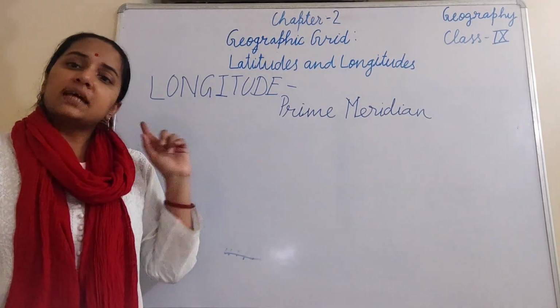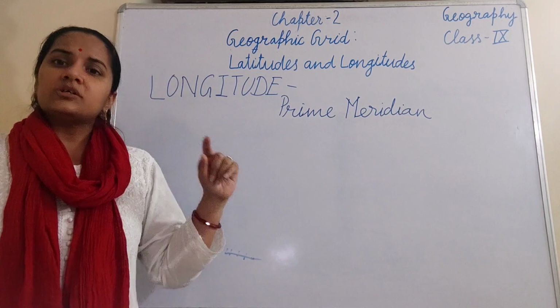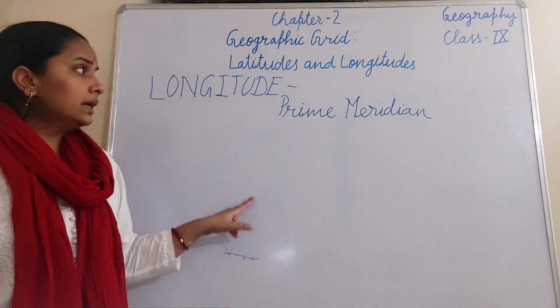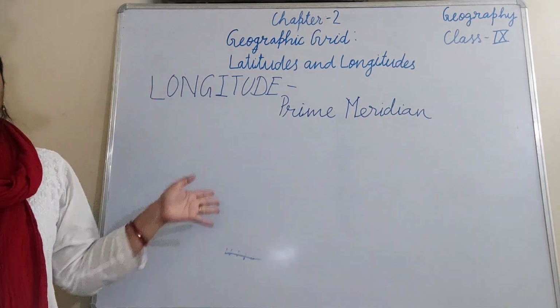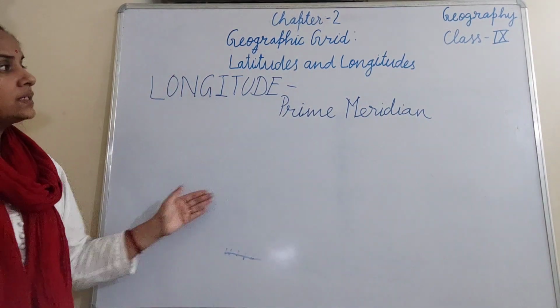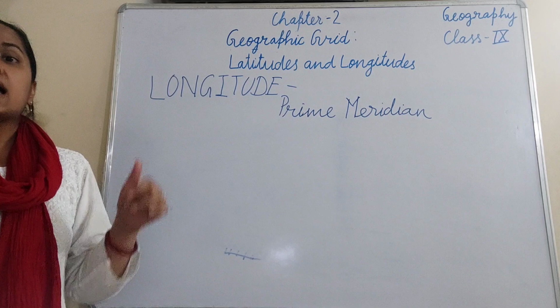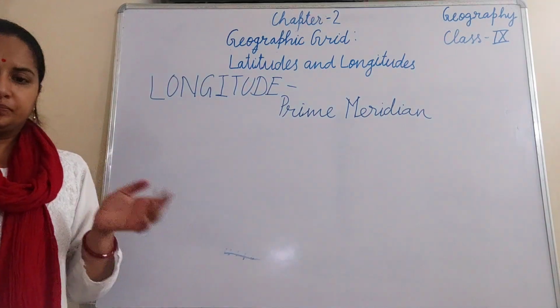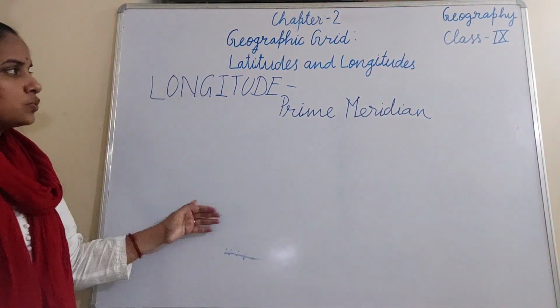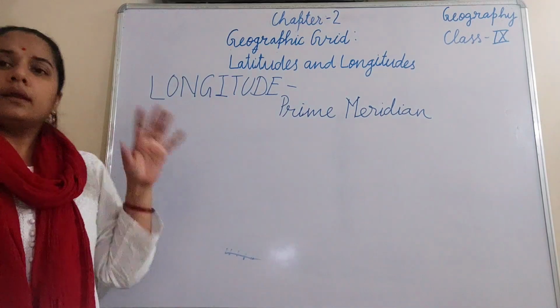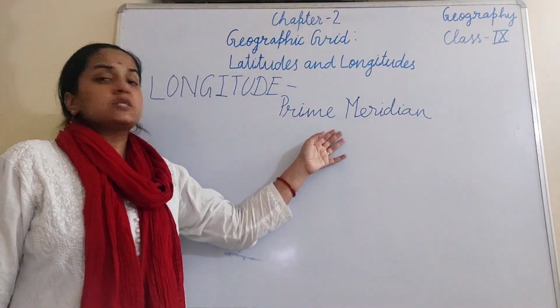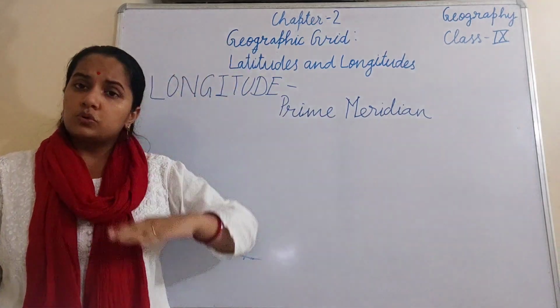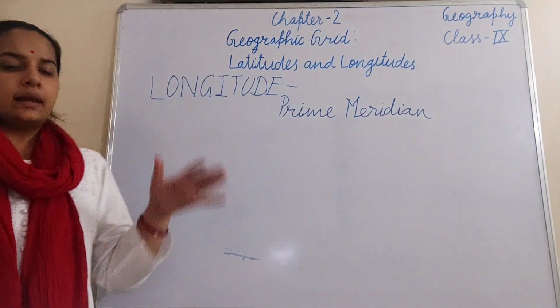So as the equator lies at 0 degree, here also the prime meridian is the line of longitude whose angular distance is defined as 0 degree. It passes through Greenwich near London.